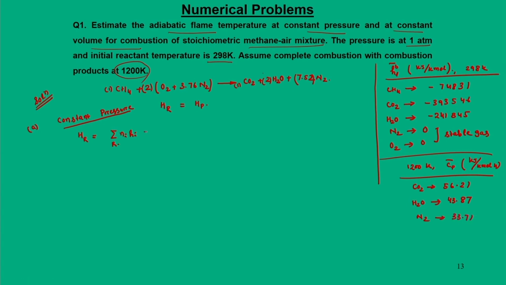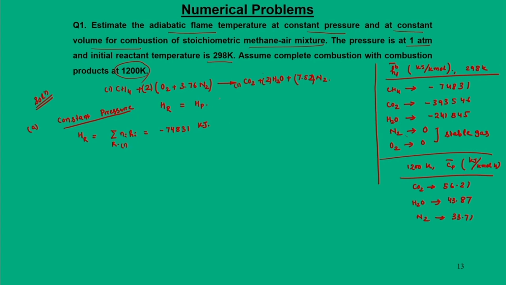Now for reactants, the summation of N_i H_i, all other numbers are 0, N2 and O2. So it is for CH4 and that value is minus 74831 kilojoule, and this is for 1 mole, that is N_i is 1.